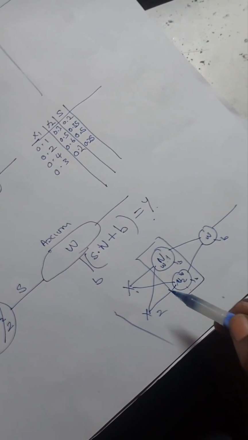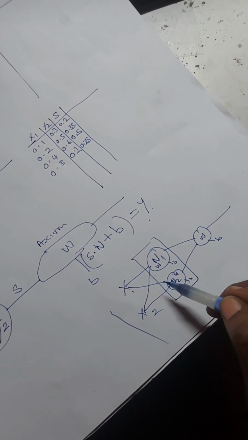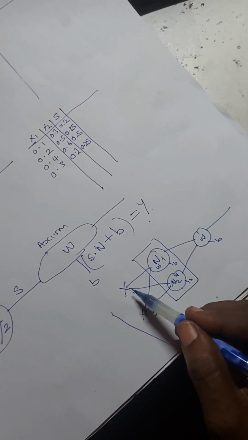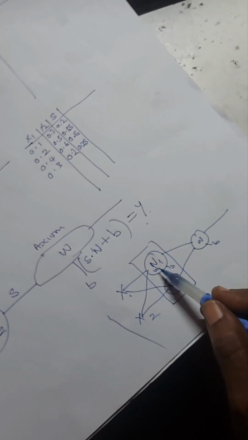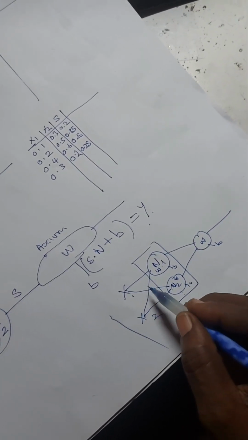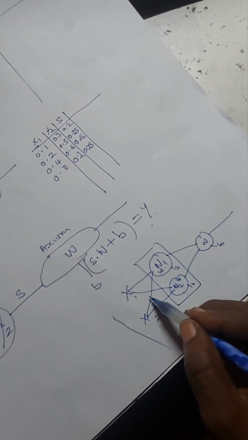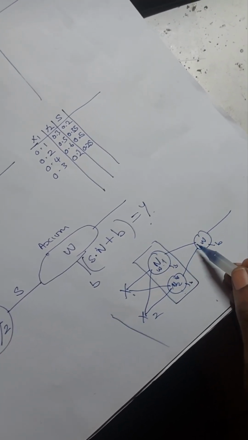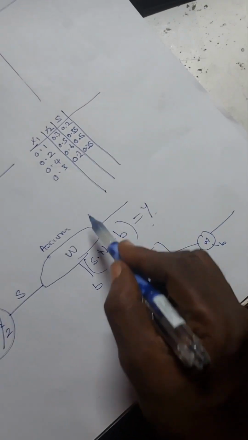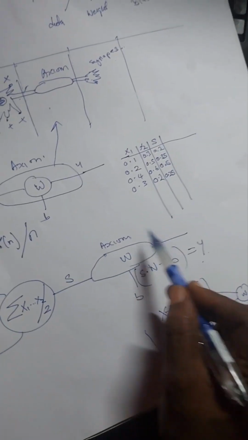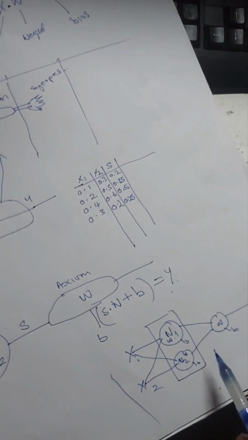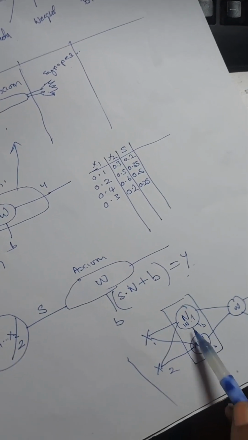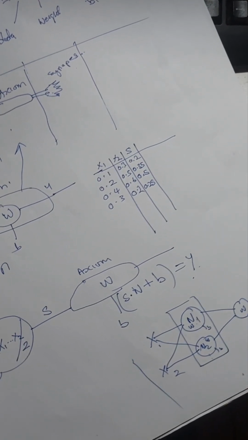In a typical traditional neural network, you will have a number of weights equal to the number of inputs multiplied by the number of neurons. We would have had 4 weights here and 2 weights here, which makes 6 weights in total. But in this network, because we are now using this new design of neural network, we are going to have only 3 weights: 2 hidden weights and 1 weight at the output.